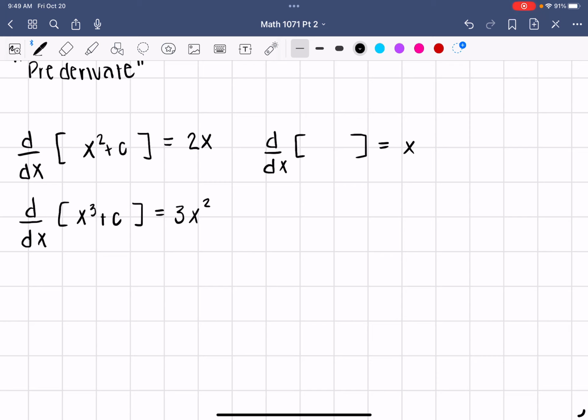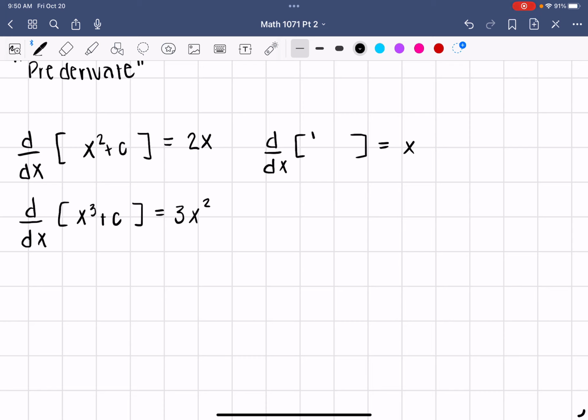If x squared is 2x, I want just x. How do I modify this? Does this make sense? If I wanted only x for my answer, how about if I take the derivative of half x squared? Does it work? 1/2 is a coefficient, it stays. The derivative of x squared is 2x, and 2 over 2 is 1. Does that make sense?